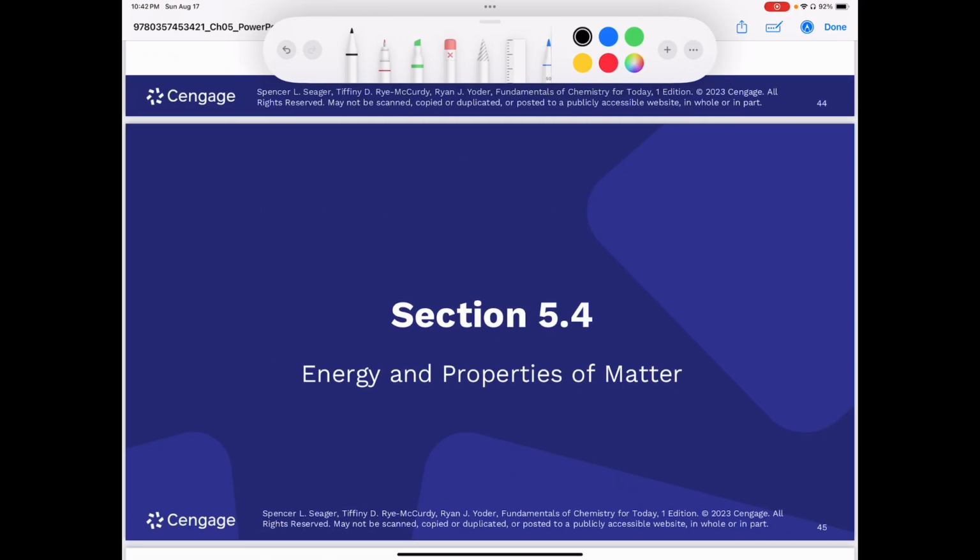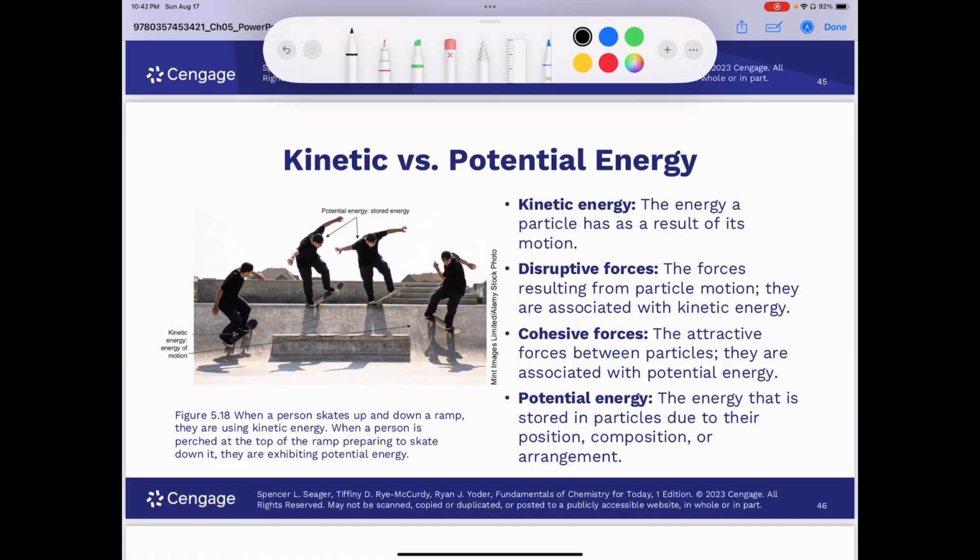Okay, let's move on to section 5.4 and deal with energy and properties of matter. First, let's start by defining kinetic and potential energy. Kinetic energy is the energy that a particle has as a result of motion. So kinetics, motion. Then we have disruptive and cohesive forces.